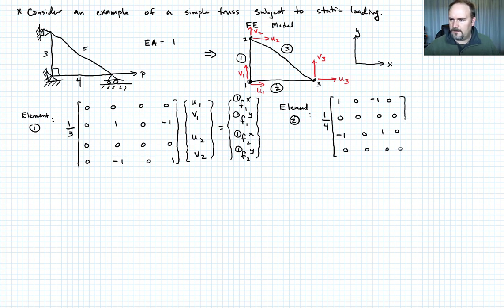For element 2, the degrees of freedom are U1 and V1, and also U3 and V3.